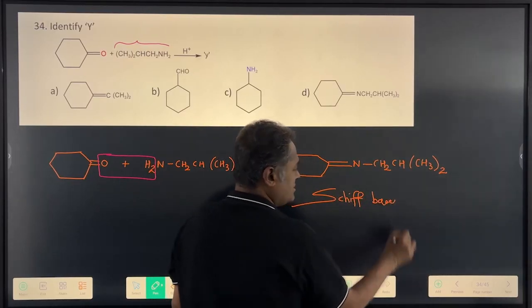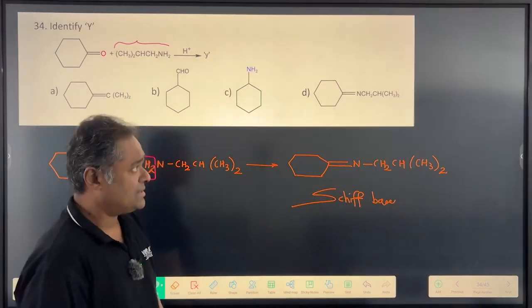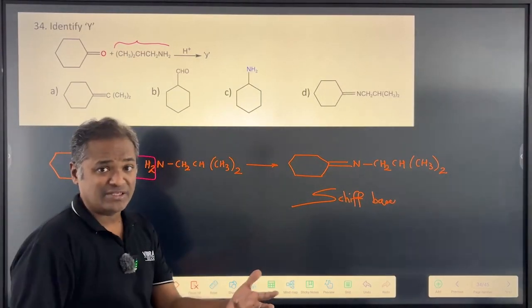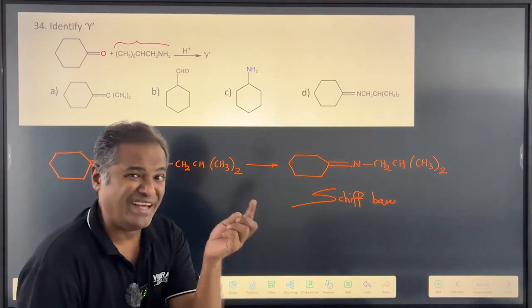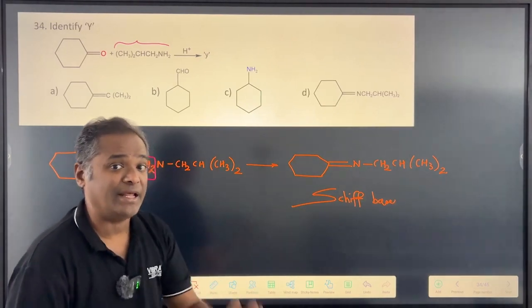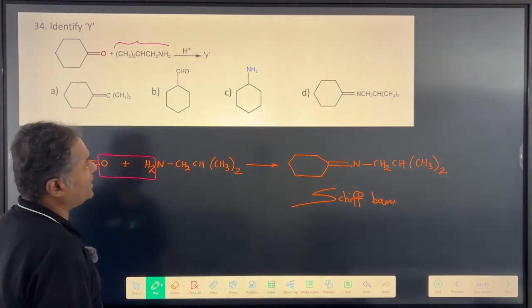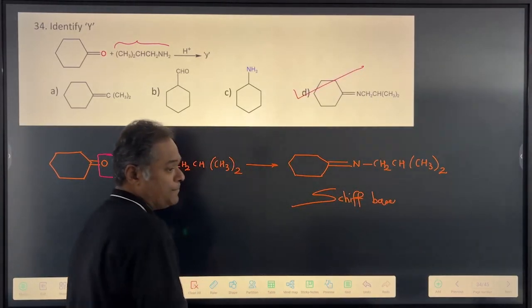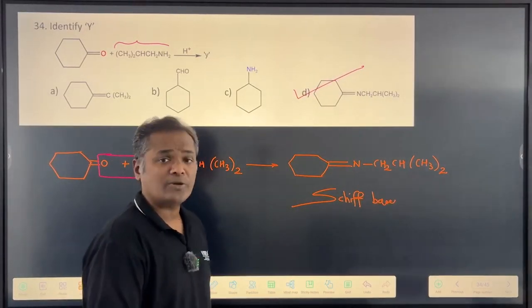And remember, child, this reaction is known as a condensation reaction. It's a nucleophilic addition followed by elimination. So the correct answer for this MCQ is option D. So kids, let's proceed with the next question.